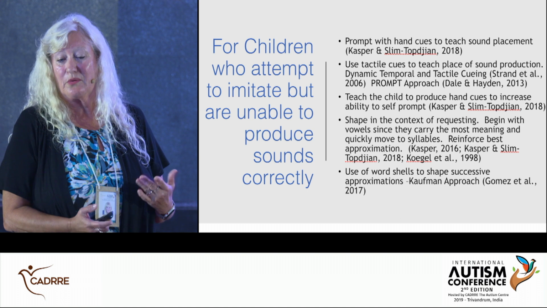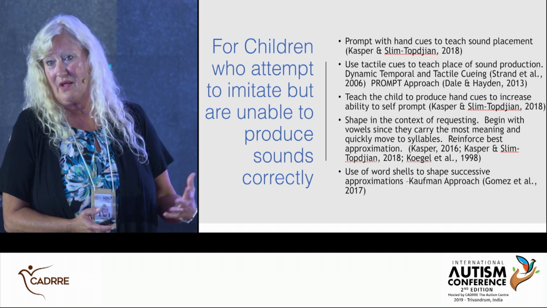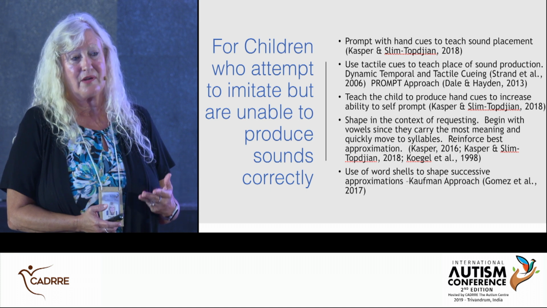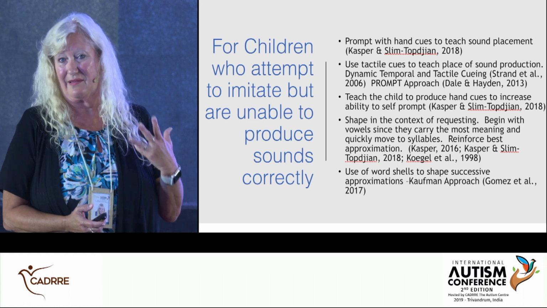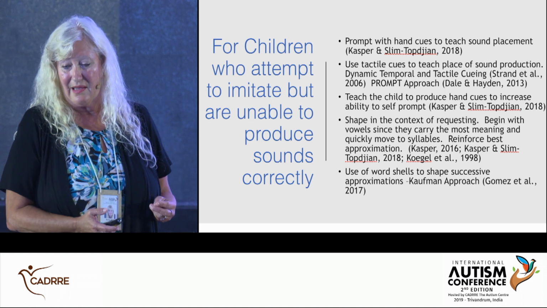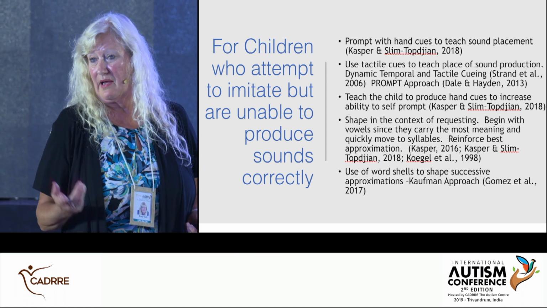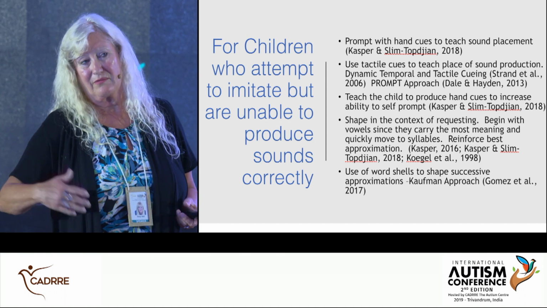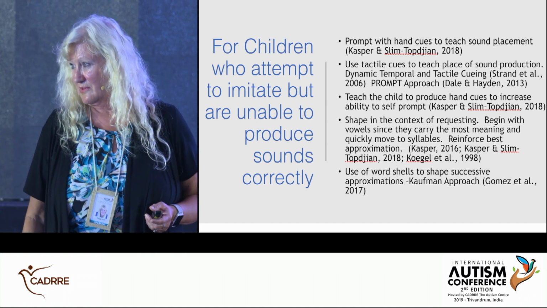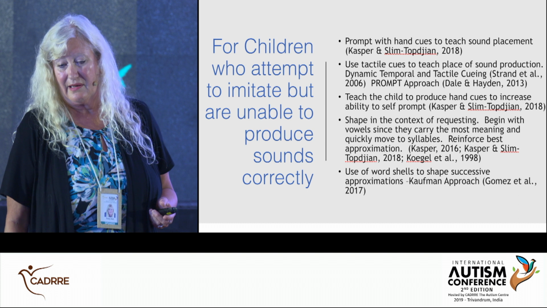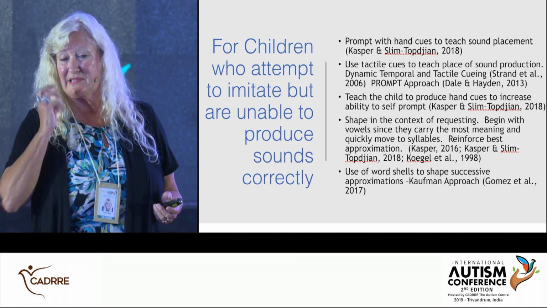Now, for children who attempt to imitate, so now we've got them imitating, we've got them producing a lot of sounds, they're attempting to imitate, but they're having a really hard time producing the sounds, making the sounds in the right place. Some ways we can prompt them are with hand cues. There's some research coming out, it's in press right now with Tammy Casper, that's one to keep an eye on, and Lena Slim Topjan on using specific hand cues.